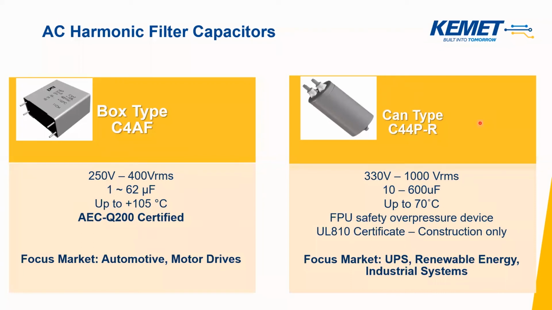And it's also equipped with a safety overpressure device and is also UL 810 qualified. So not as high temperature capable as the automotive grade box capacitor, but is for sure equipped with many safety features, which could be quite critical for any high power applications.